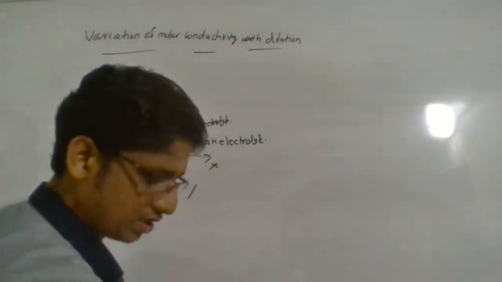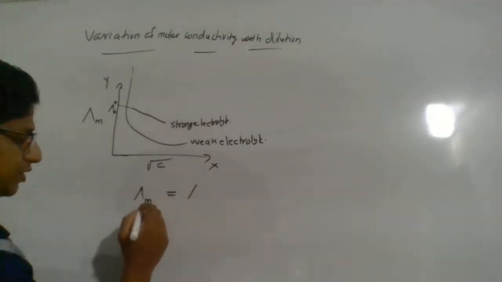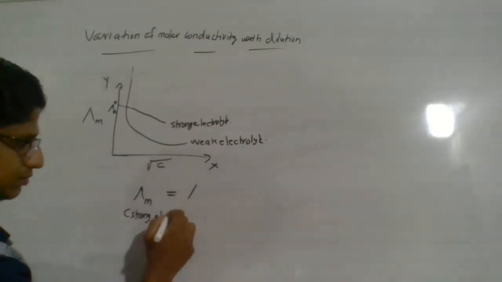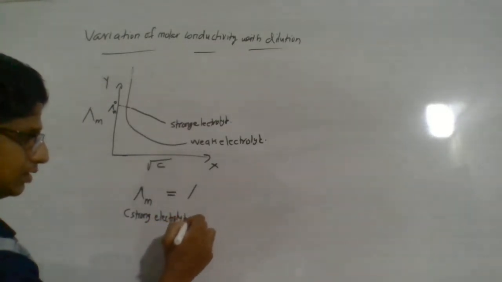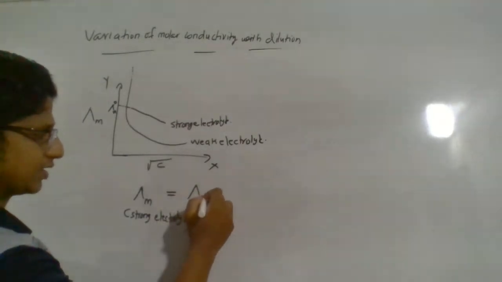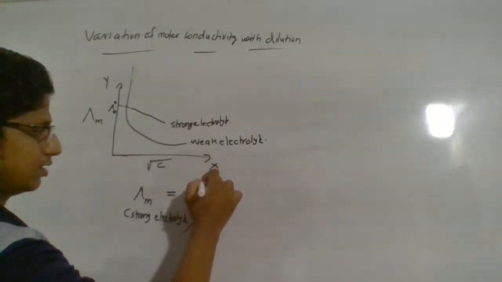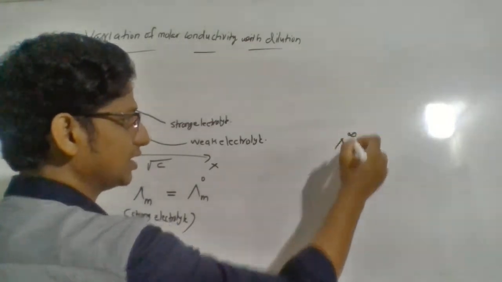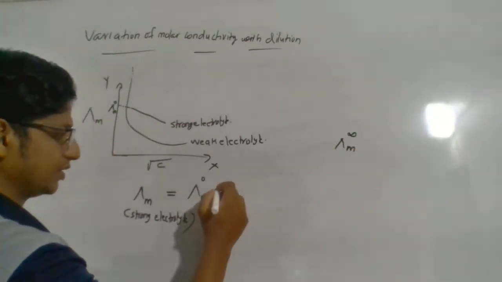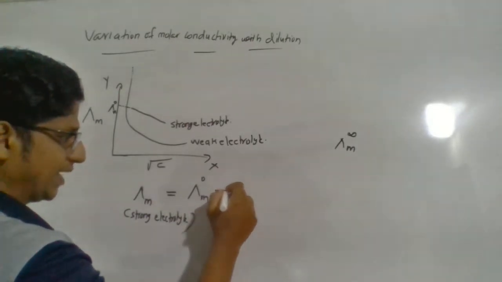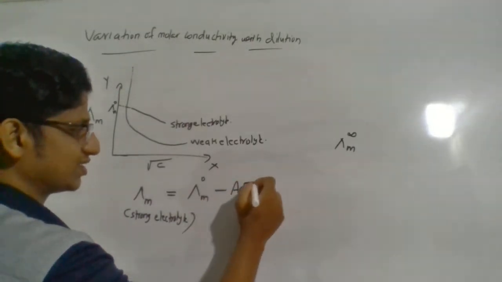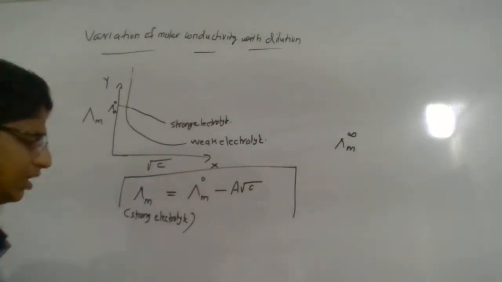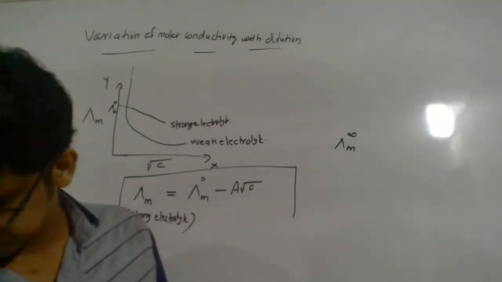Molar conductivity of a strong electrolyte is equal to molar conductivity at infinite dilution, sometimes written as lambda m0, minus A root c. So this is the equation that you can remember to find the molar conductivity of a strong electrolyte.